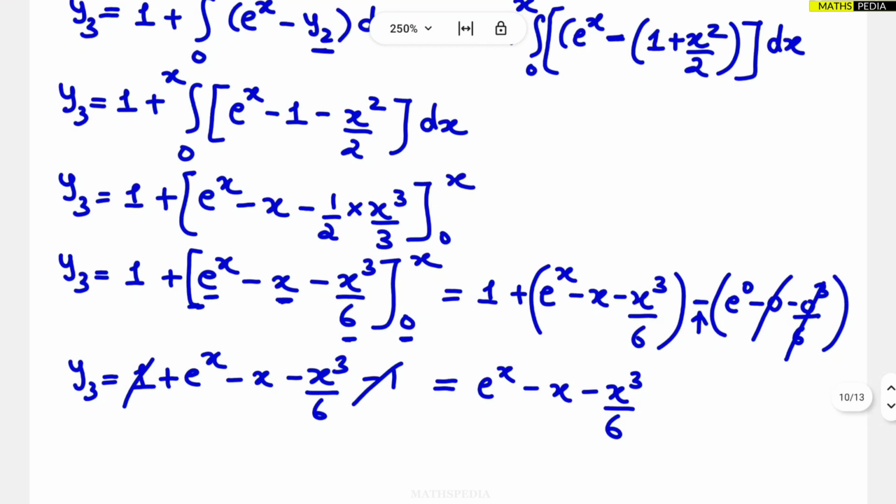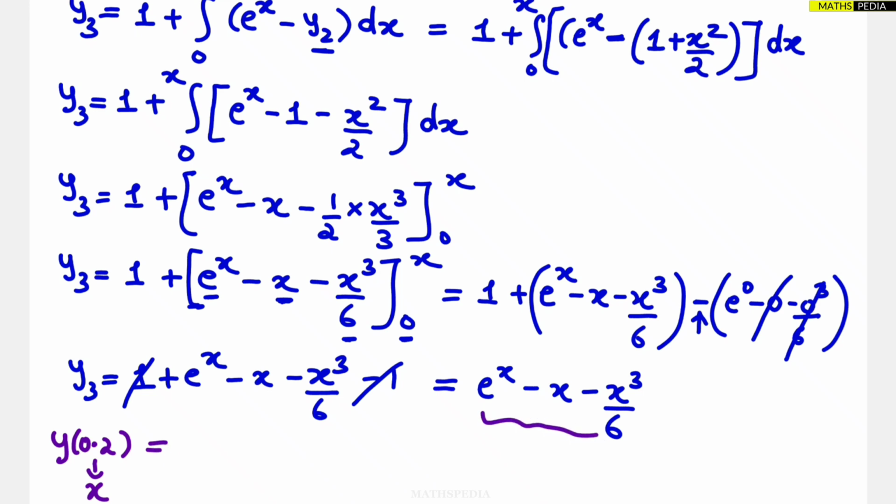Now they have asked you to find out y of 0.2 also. So y of 0.2, what is the meaning of this? Inside the bracket we have discussed that it will be the x term. Here in the question they will mention initial conditions, that's why we are taking x0. Here there is no x0, we have to consider it as x. So the value becomes whatever the third approximation final value is. In that, in place of x I have to substitute 0.2, that's it.